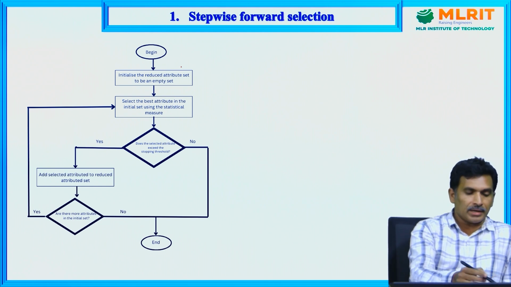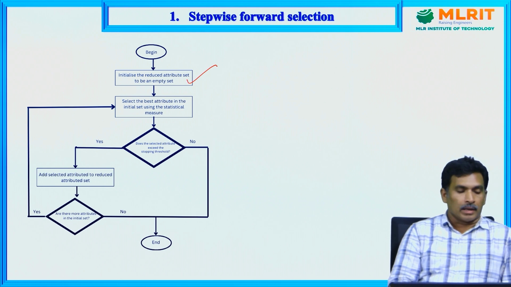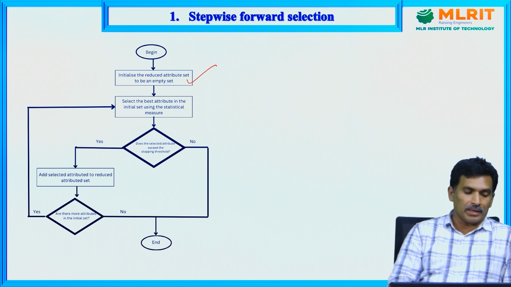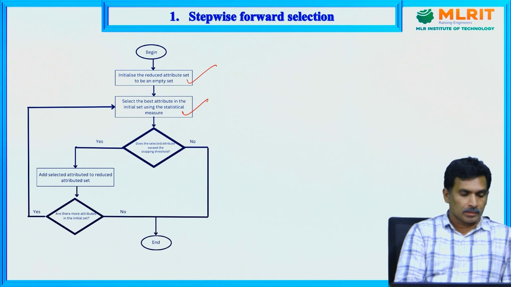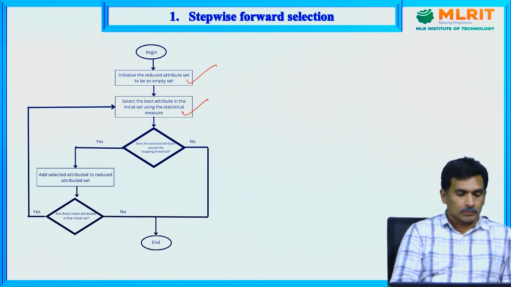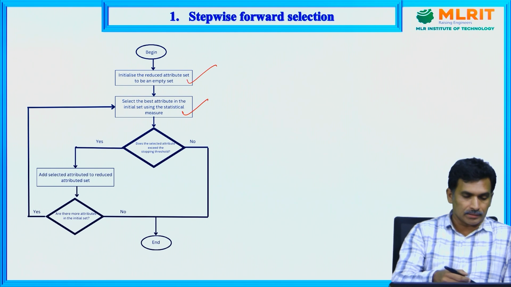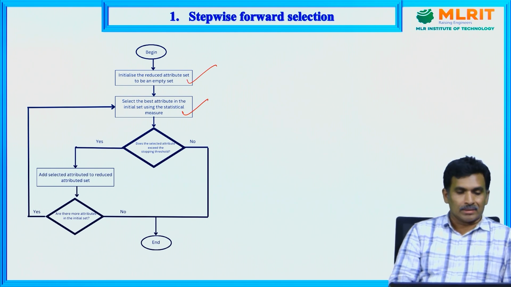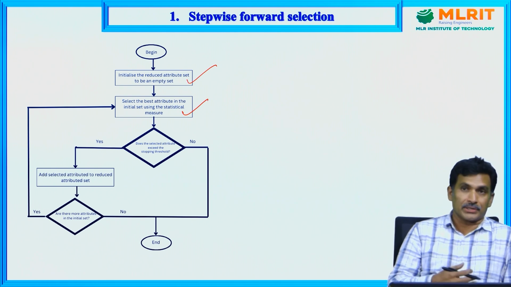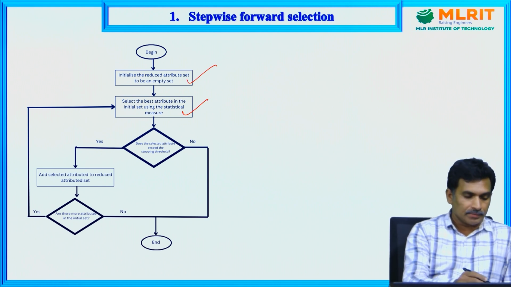It initializes the reduced attribute set to be an empty set, and it selects the best attribute in the initial set using a statistical measure. And there will be a threshold that we will discuss at the end of this, that is where to stop this subset selection. So we have to check that condition here.